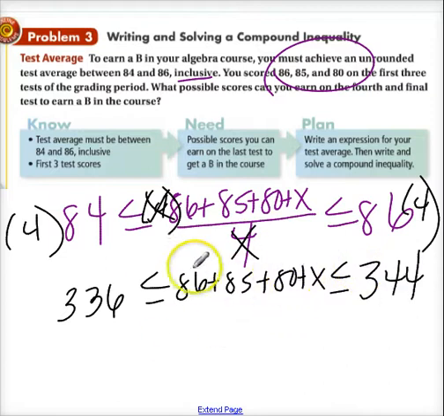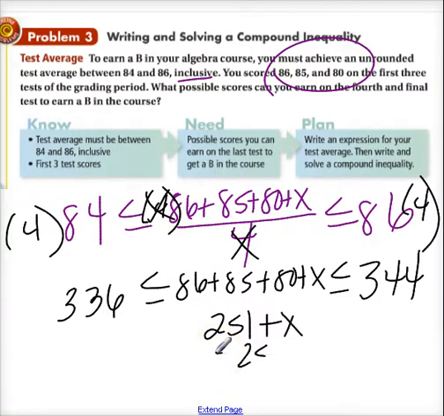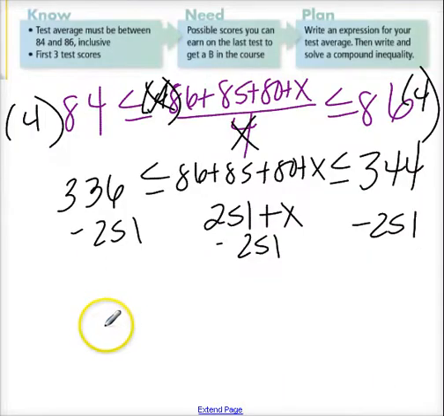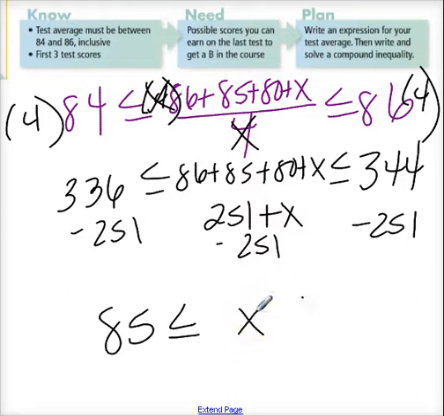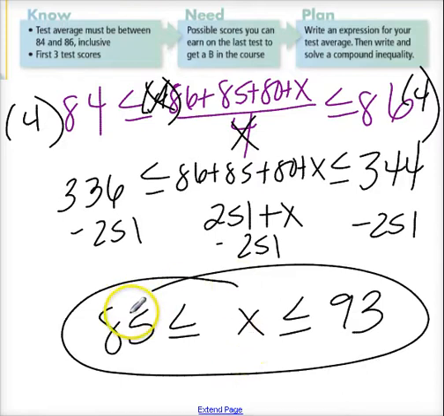Now combine like terms: 86, 85, and 80 combined is 251. So I'm going to subtract 251 from the middle and both outsides. When I do that, I have 85 is less than or equal to x, which is less than or equal to 93. So I would need to score between or including 85 and 93 to be able to make this grade that I want.